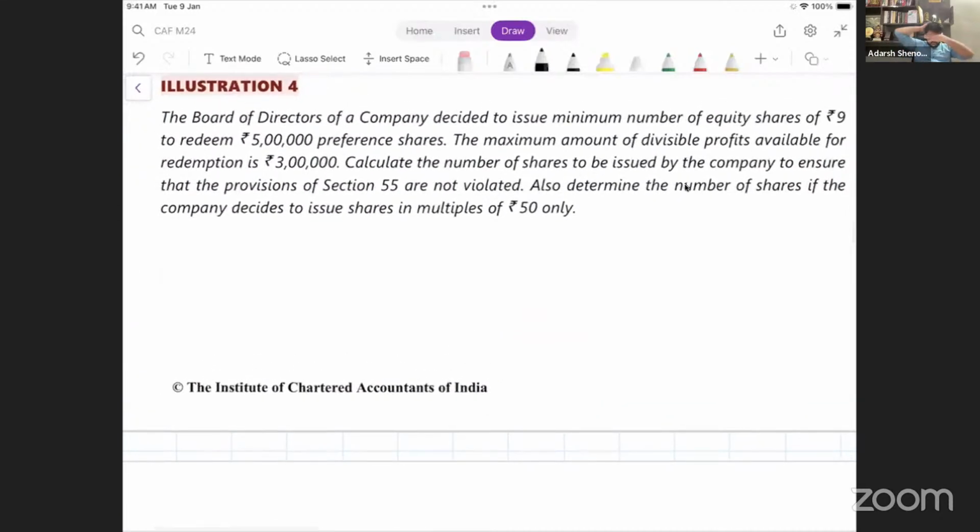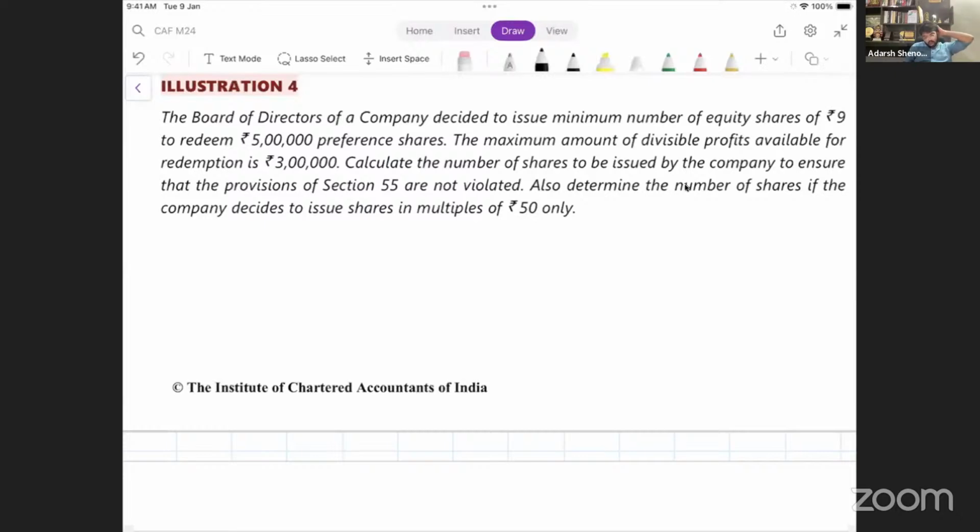The board of directors of a company decided to issue minimum number of equity shares of rupees 9 to redeem 5 lakh preference shares. The maximum amount of divisible profits available for redemption is 3 lakhs. Calculate the number of shares to be issued by the company to ensure that the provisions of section 55 are not violated.